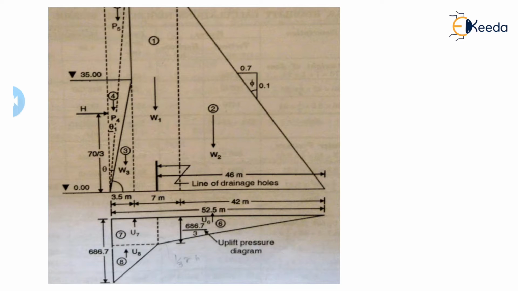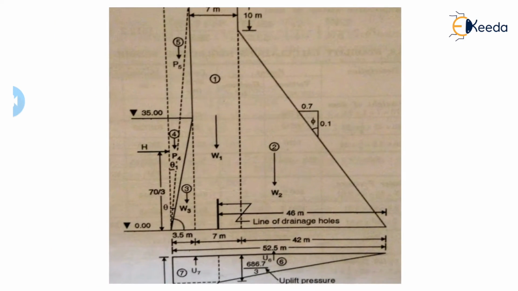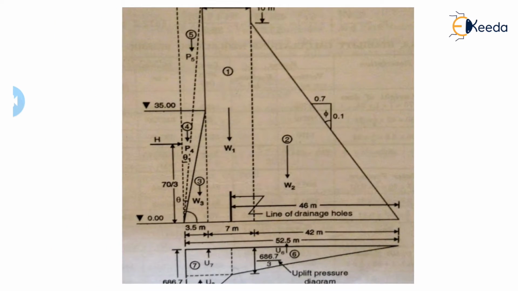As well as this force resolving in a vertical manner, it resolves in a horizontal manner also. So the H value, the horizontal force, will be found by analyzing the triangular pressure diagram. For a triangle, we know that it is half into base into height.